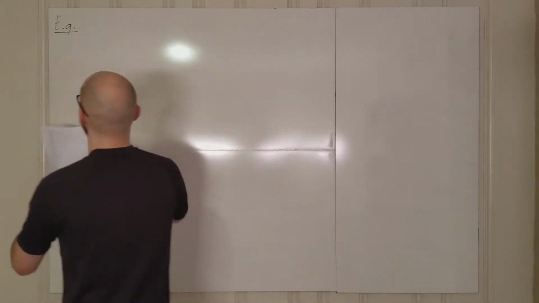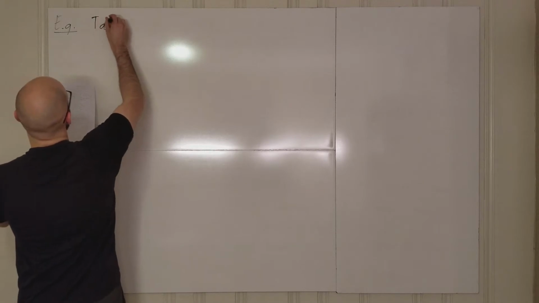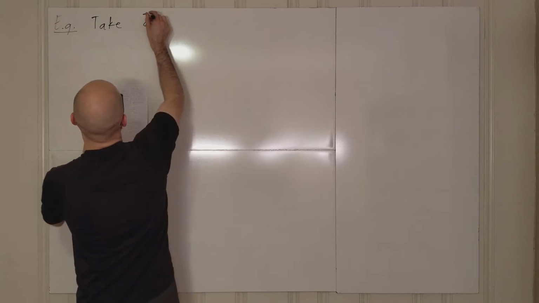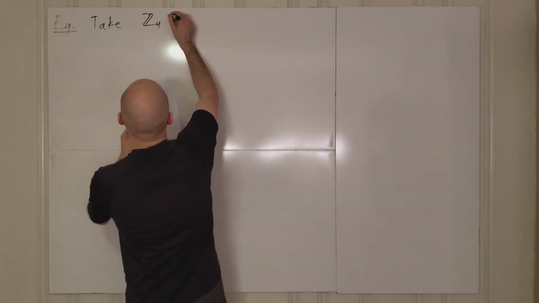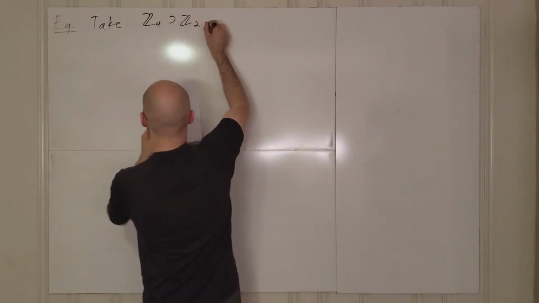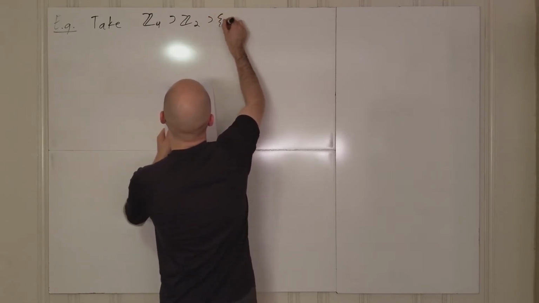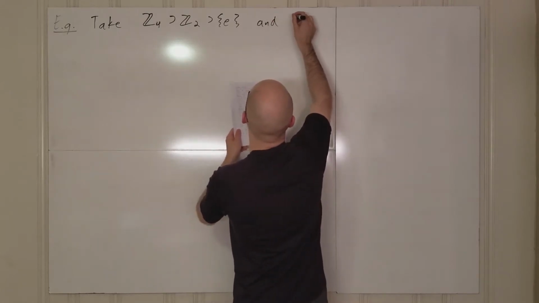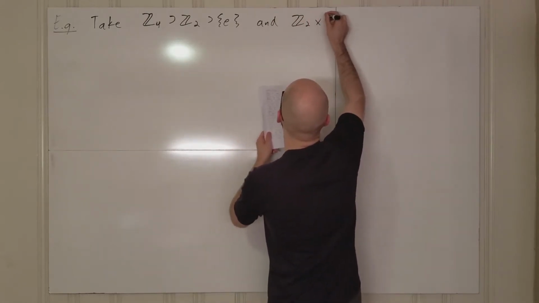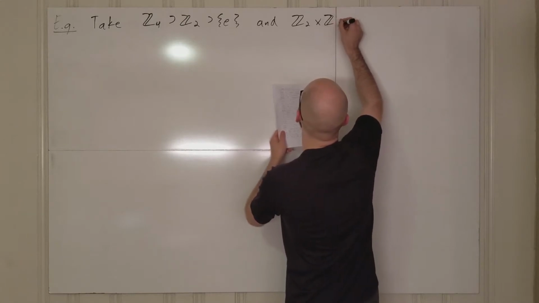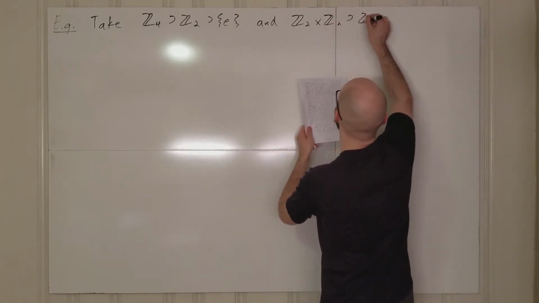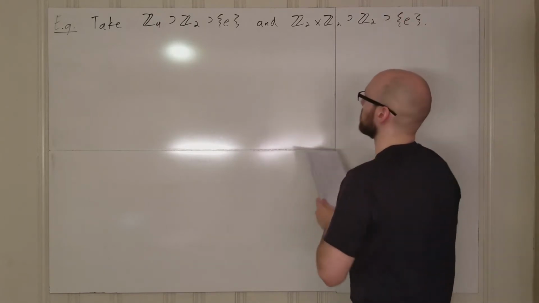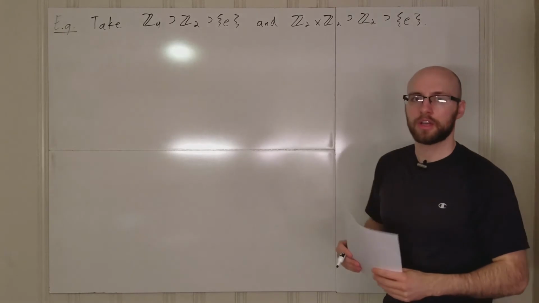So let's take an example. We take Z4 containing Z2 containing E, and Z2 cross Z2 containing Z2 containing E. So let's see here.